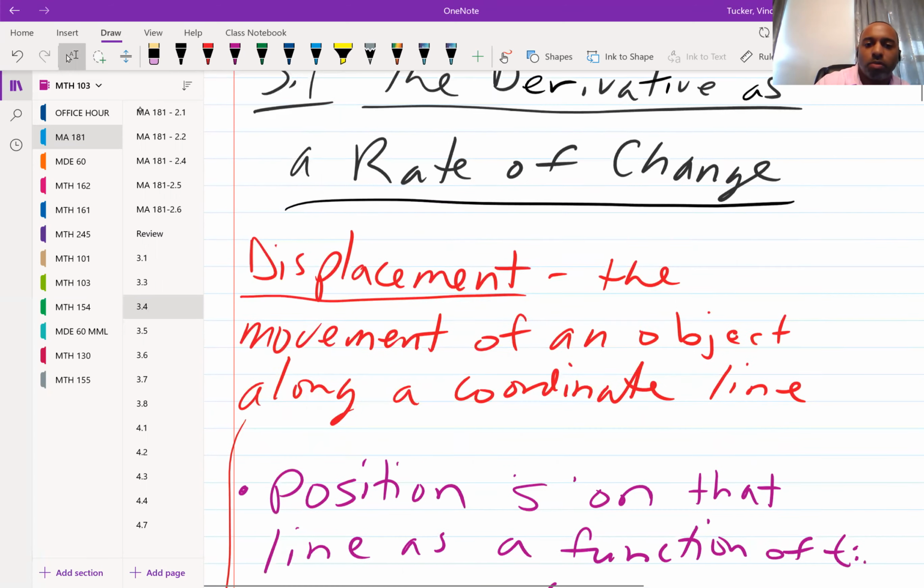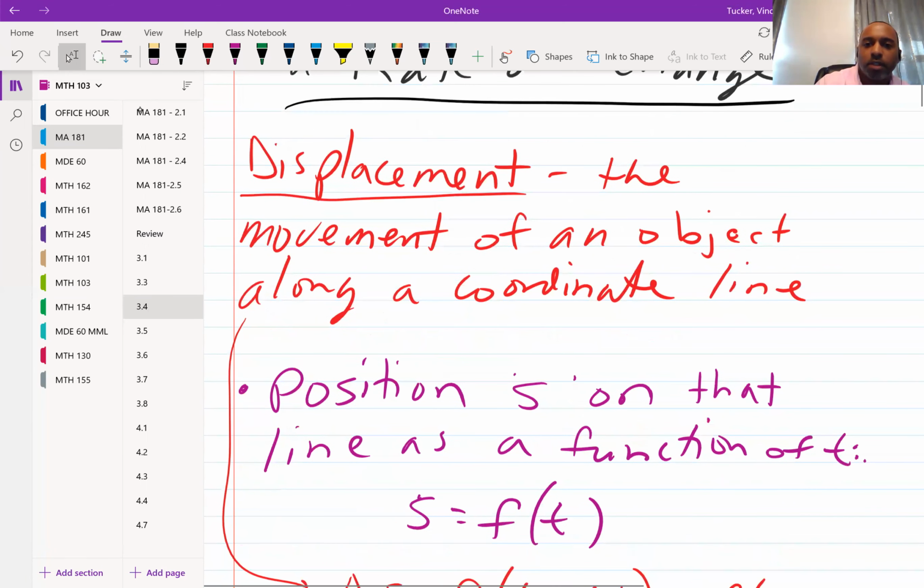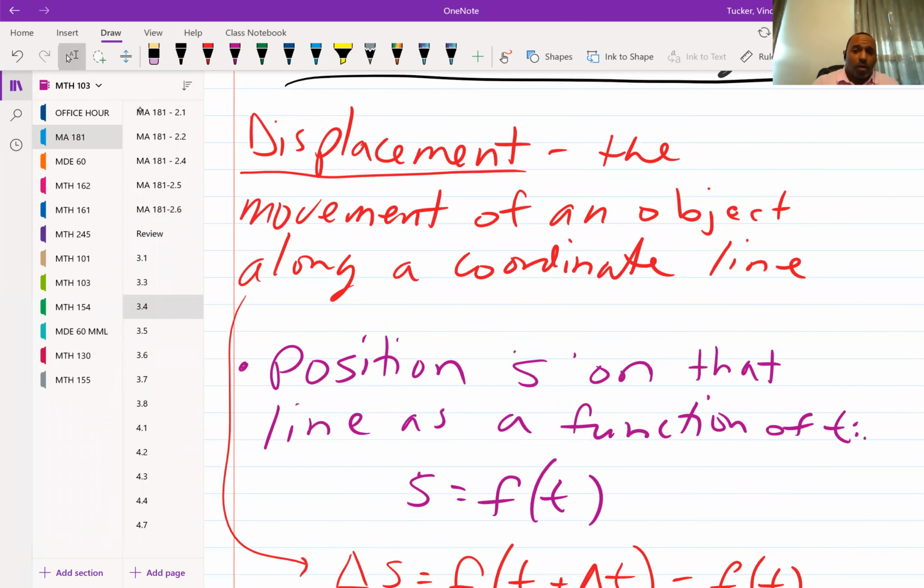So position S. We use S to represent our position on that line as a function of t.